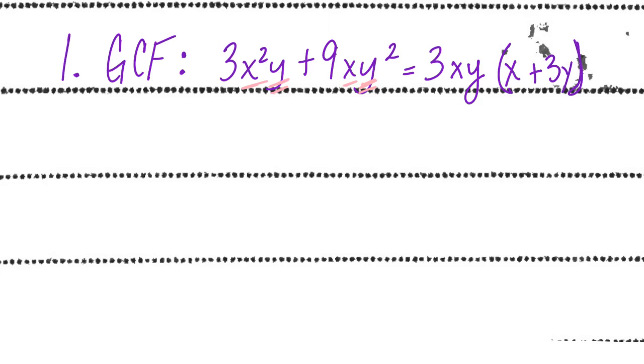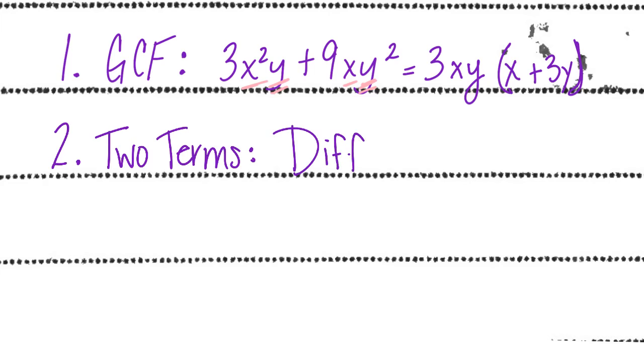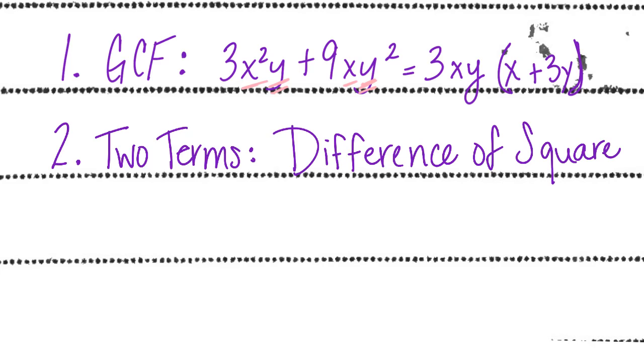So our first kind of factoring is called GCF factoring. The second type of factoring we worked with were two terms. And this is the difference of squares. And you will memorize these like the back of your hand very soon. So remember, this is something like x squared minus 9.